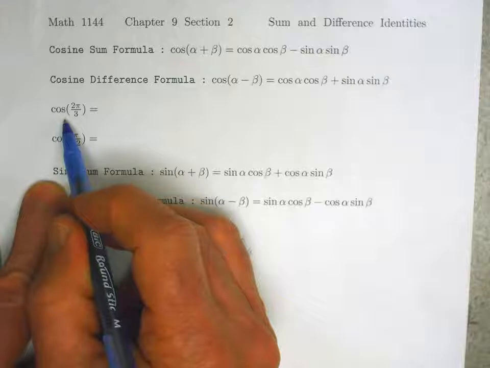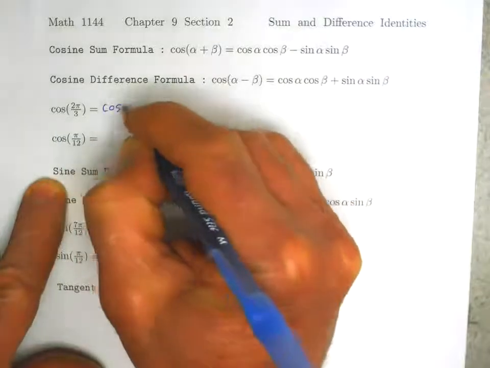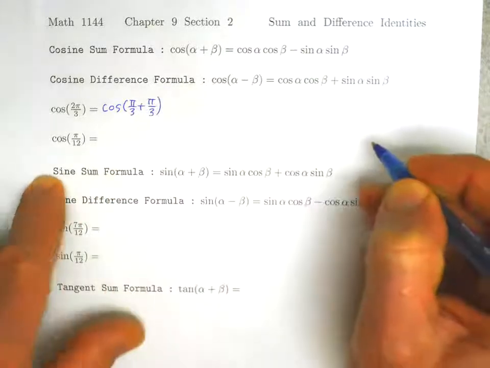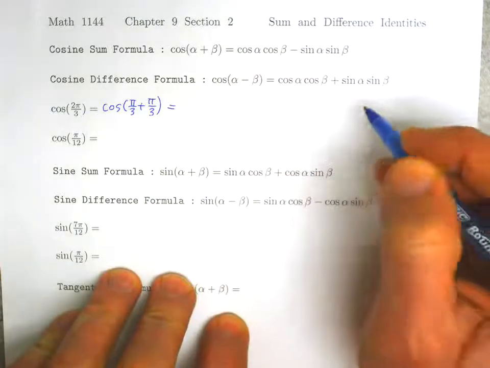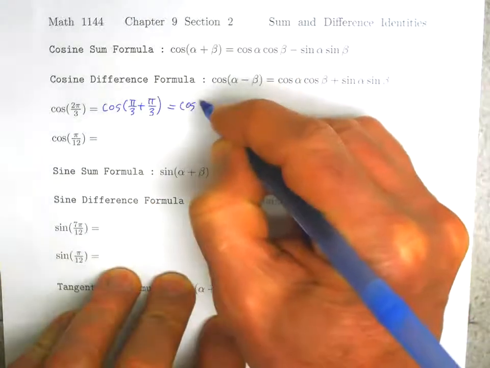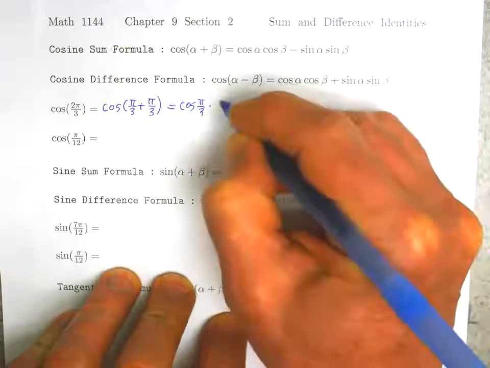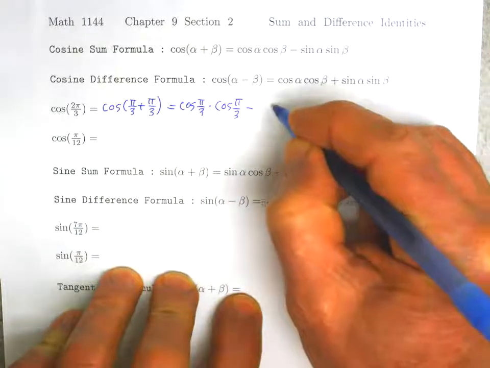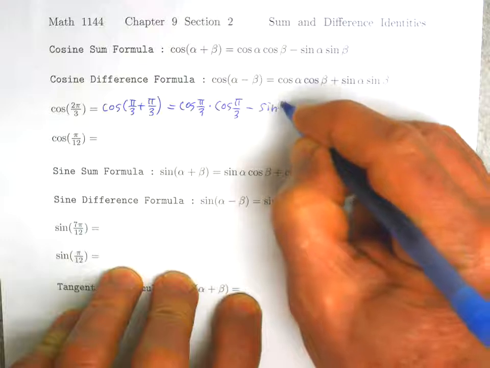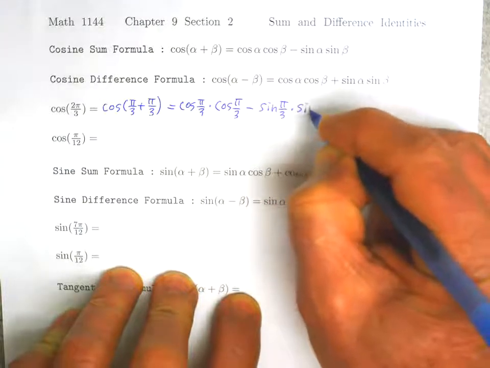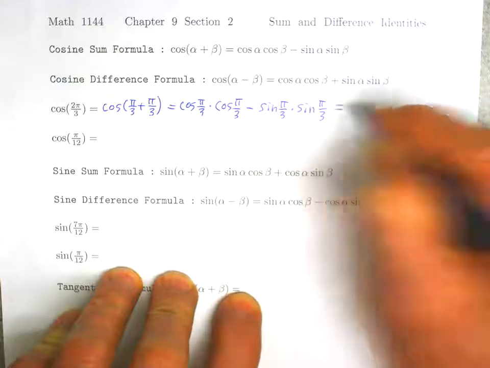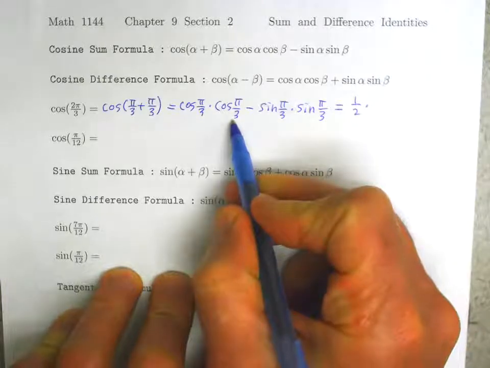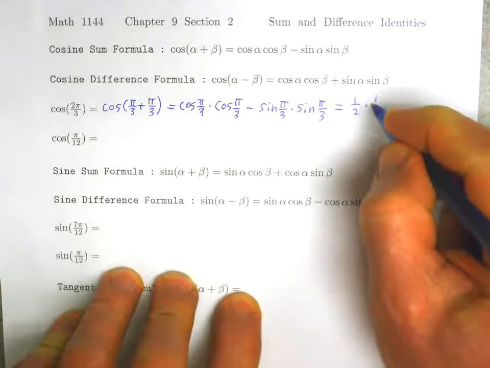We'll rewrite cosine of 2 pi over 3 as cosine of pi over 3 plus pi over 3. And then we'll write cosine of pi over 3 times cosine of pi over 3 minus sine of pi over 3 times sine of pi over 3. Cosine of pi over 3 is 1/2, and we multiply that by cosine of pi over 3 again. So 1/2 times 1/2.